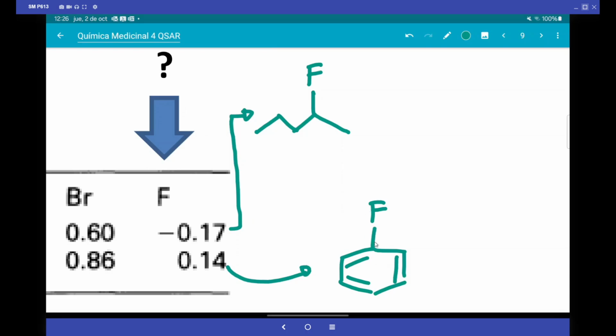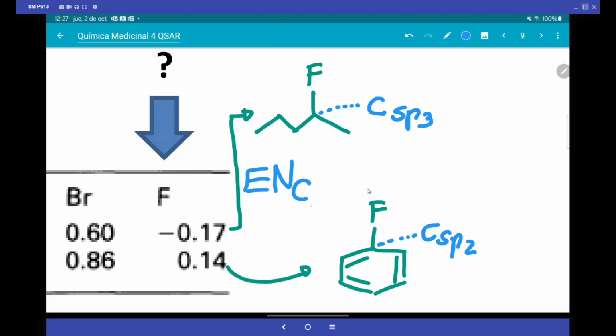The difference is that here we have an sp3 carbon and here an sp2 carbon. The electronegativity of an sp2 carbon is greater than the electronegativity of an sp3 carbon. Therefore, ask where the system is more polarized. Here we have a much greater polarization, much stronger, because the fluorine can better attract electrons and generate a delta plus there, because there is an sp3 carbon here and an sp2 carbon.